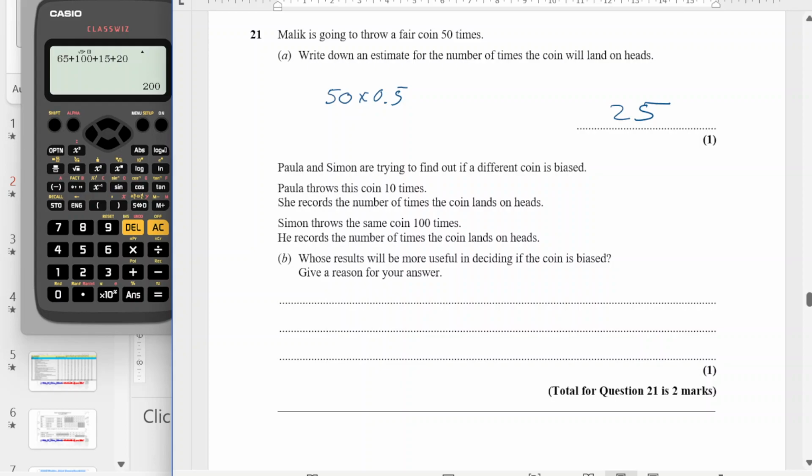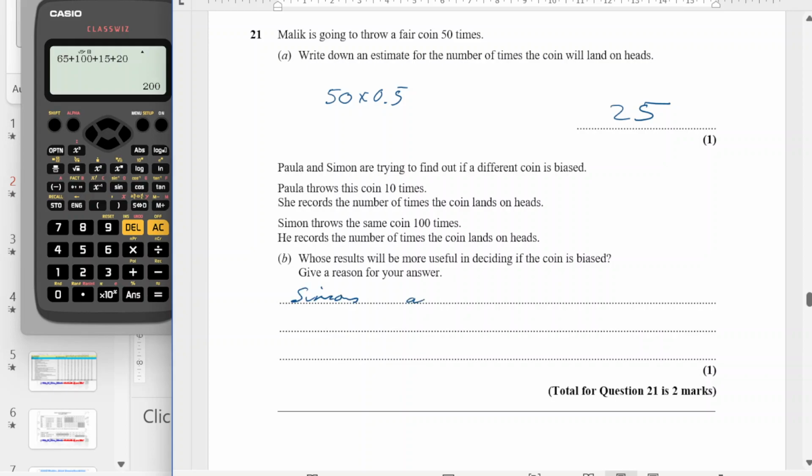Paula and Simon are trying to find out if a different coin is biased. Paula throws the coin 10 times. She records the number of times it lands on a head. Simon throws the coin 100 times. He records the number of times it's going to land on a head. Whose result is more useful in deciding if the coin is biased? That would be Simon's.